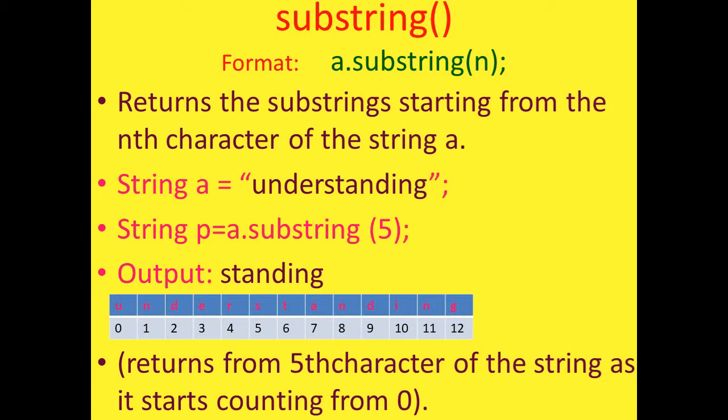Then you will get the word standing. That means if you are giving a number, you will get from that position to the end of the string. The output will be a string value. Okay, understood? Substring function is used to extract a part of a string.